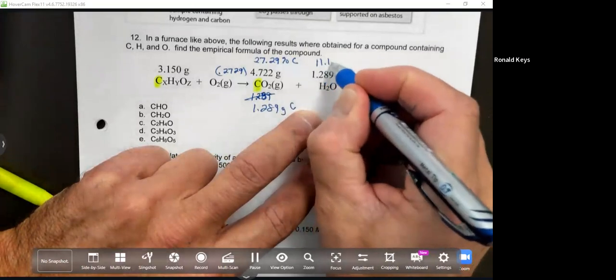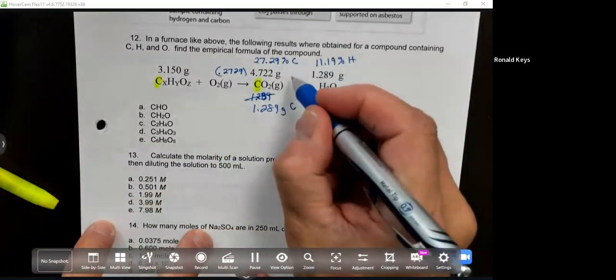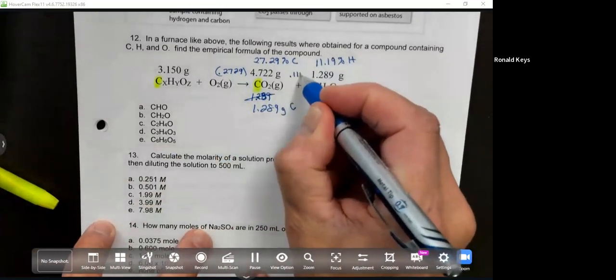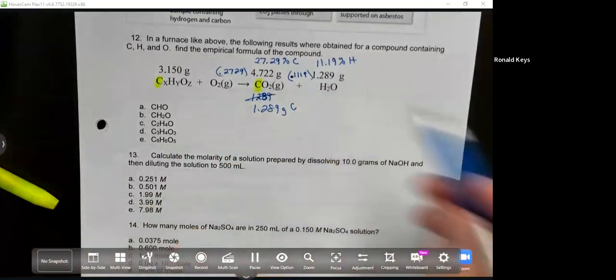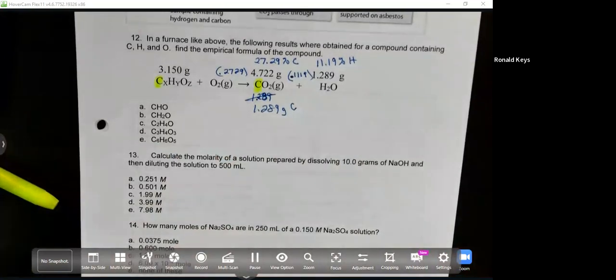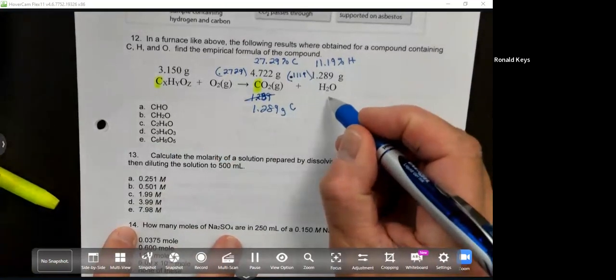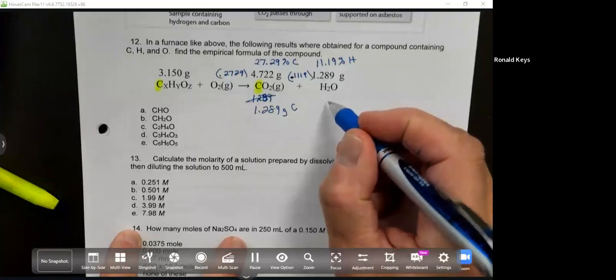11.19%. So if I take 0.1119 times 1.289, I'm going to get how many grams of hydrogen? Somebody yell it out.